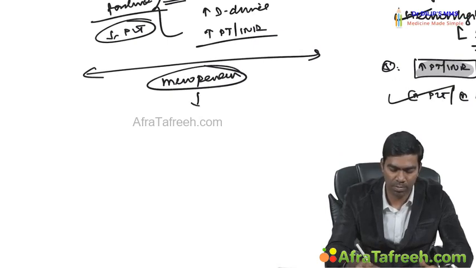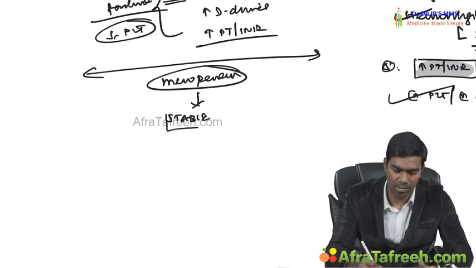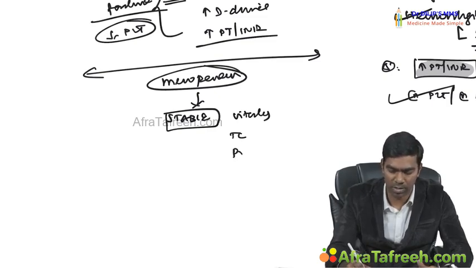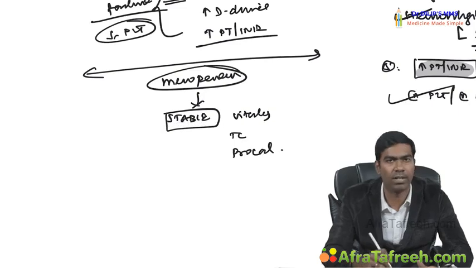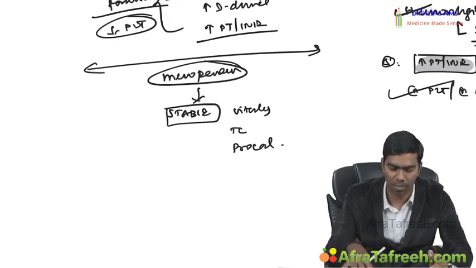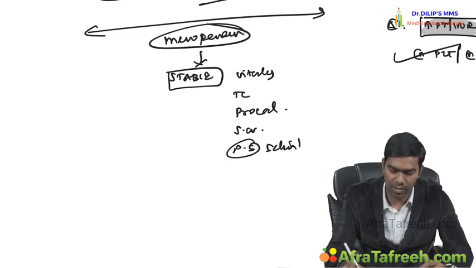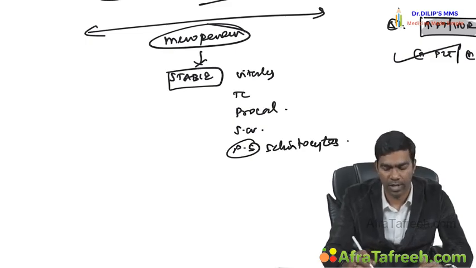Once we started meropenem, the patient became stable, completely recovered, and the vitals and counts were stable. The total count became normal. The serum procalcitonin, which was initially elevated, as it's a marker of sepsis, became normal, and the creatinine became normal. We repeated the peripheral smear, and schistocytes were completely gone.